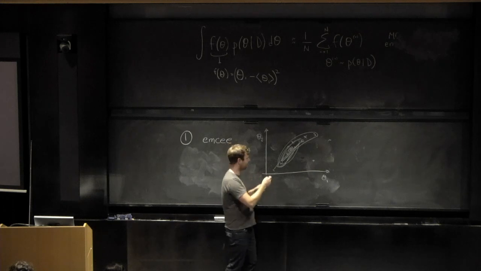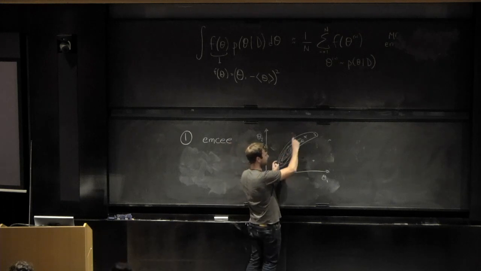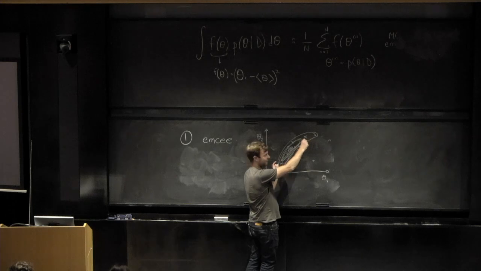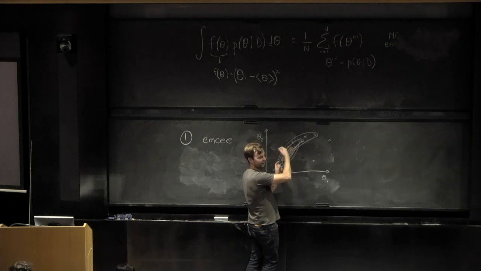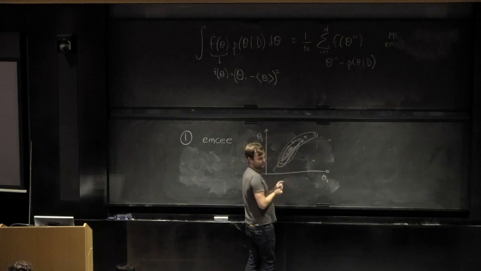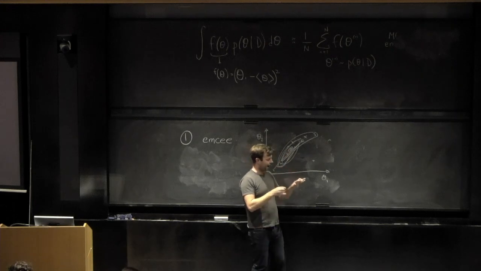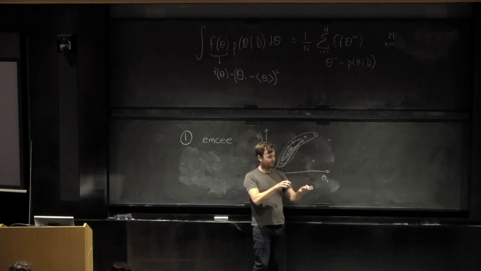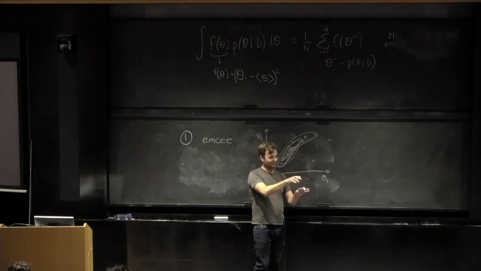So I would fix the position of half of the walkers, and the other half would each independently choose a random walker from the other half that aren't currently being updated, and then update them with the MC move. So after one proposal, half of your walkers will still be in the same place, and then you would update these ones based on the coordinates of these ones.